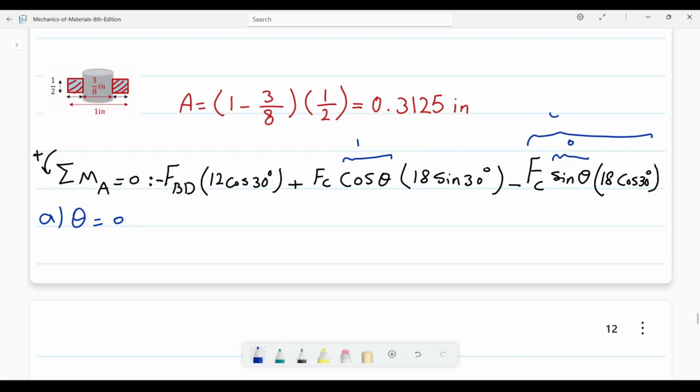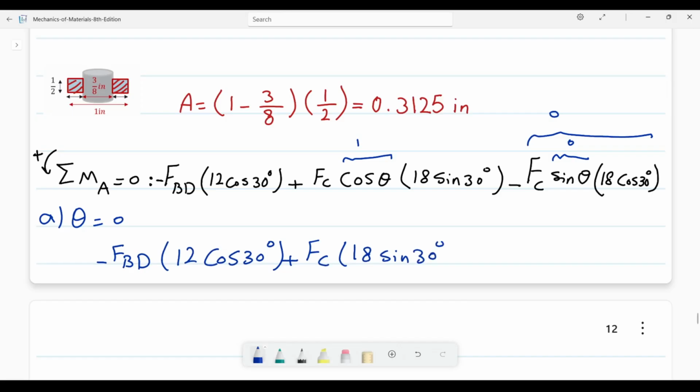That's part B0, and here we have minus FBD multiplied by 12 cosine 30 degree plus FC multiplied by 18 sine 30 degree.